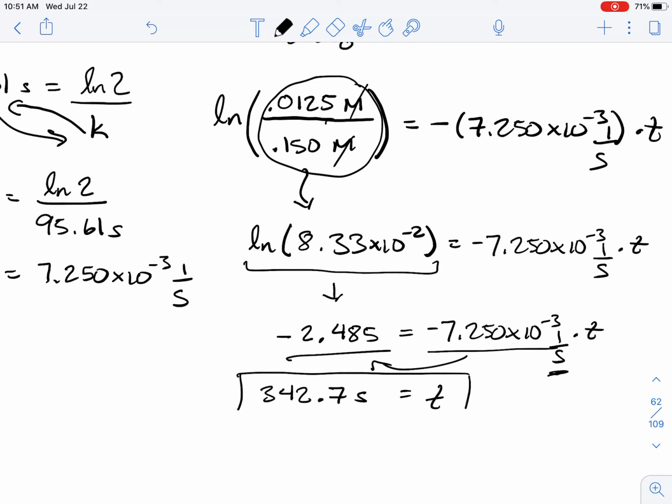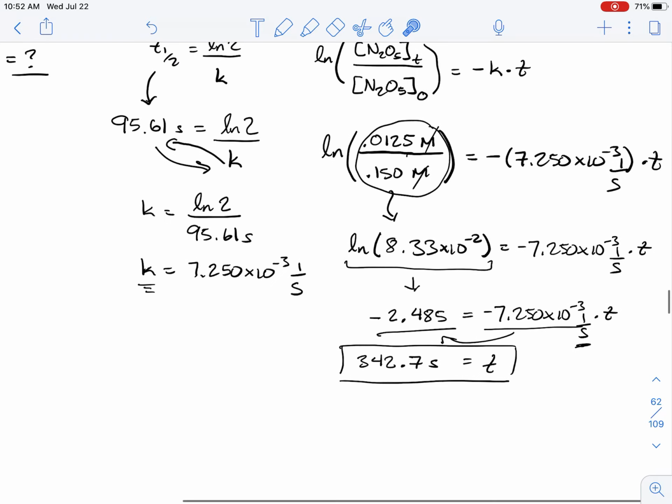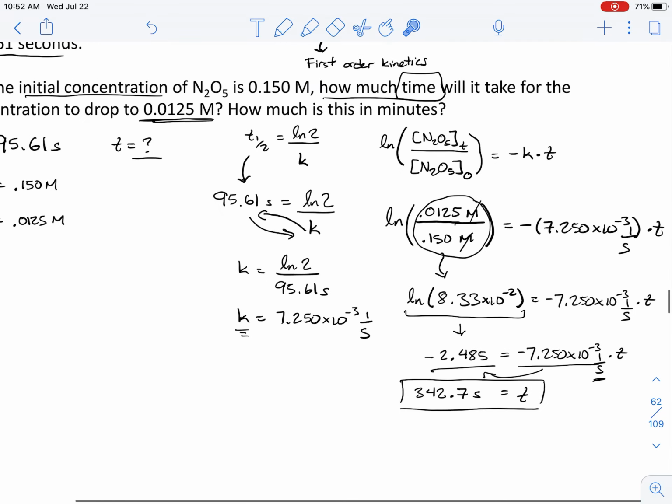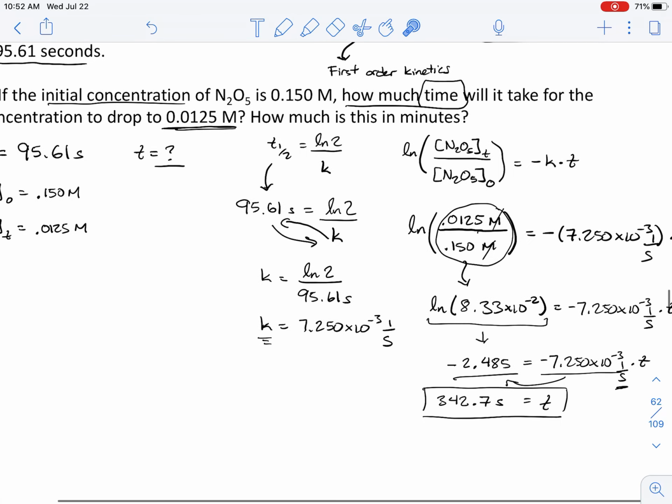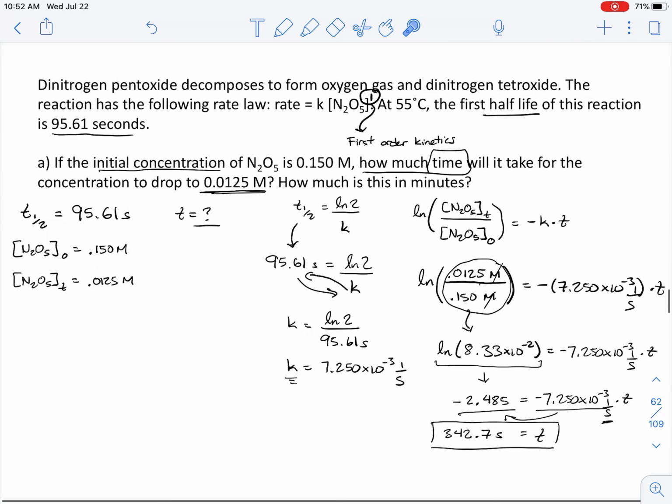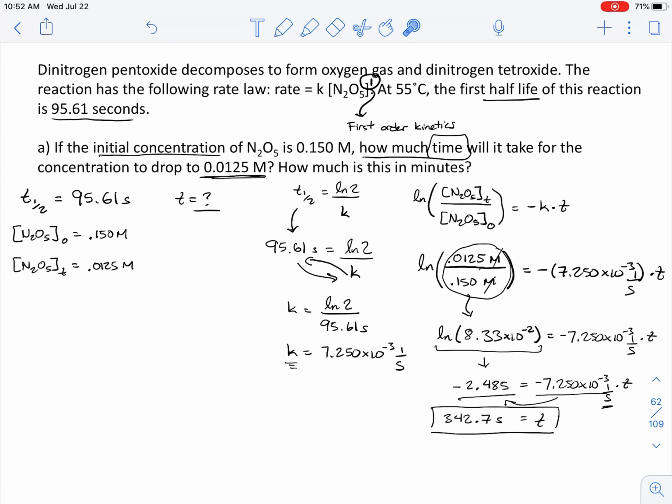And this is how much time it's going to take for the original concentration, 0.150, to reach 0.0125 molar. Okay? That's pretty powerful because now we can quantify how much time it'll take to go from one concentration to another concentration.